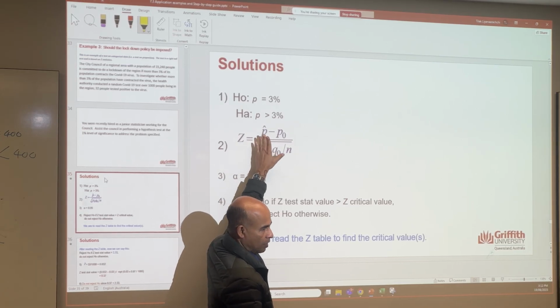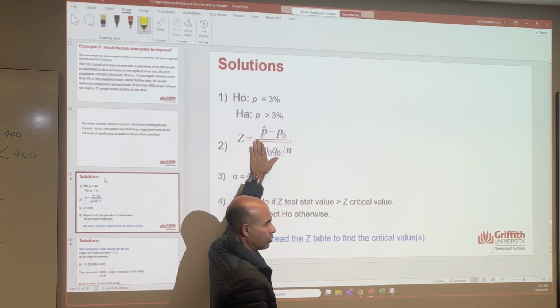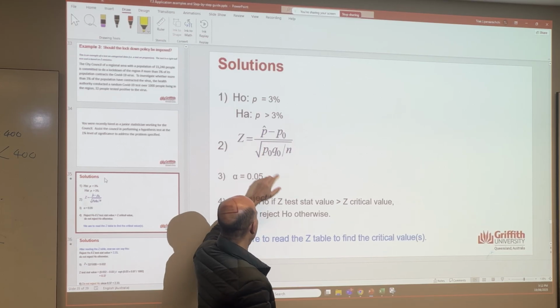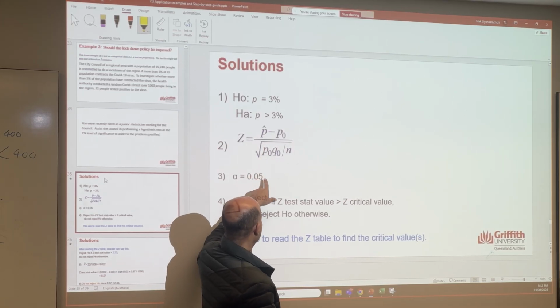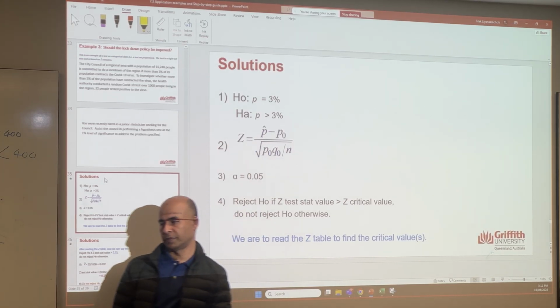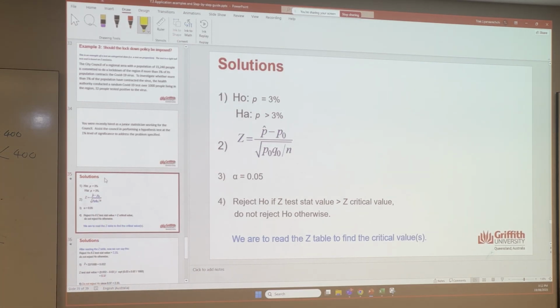Use this formula to calculate this one. How do you calculate this? P hat is the proportion calculated. How much percentage got COVID?